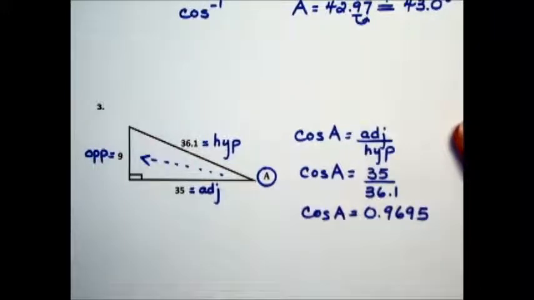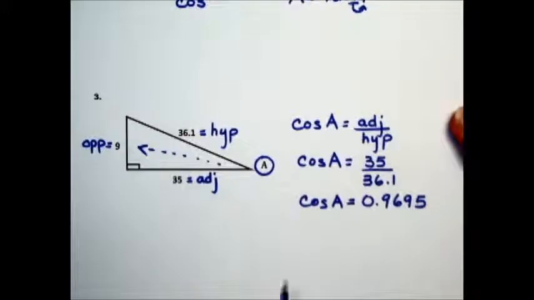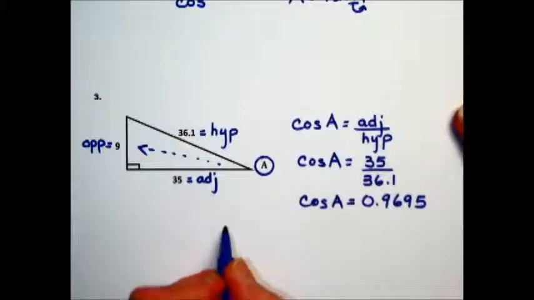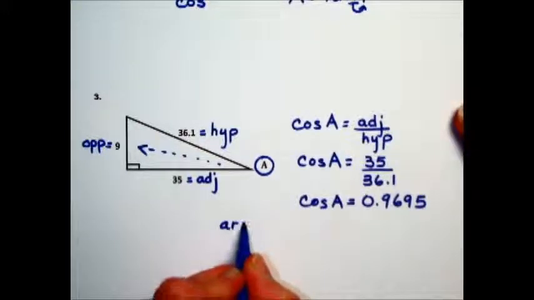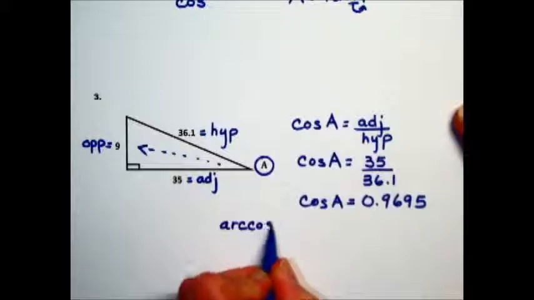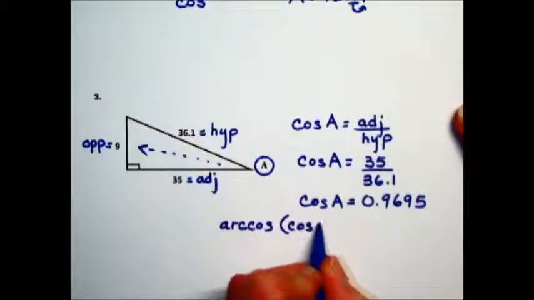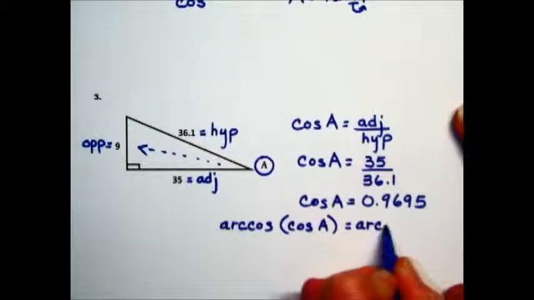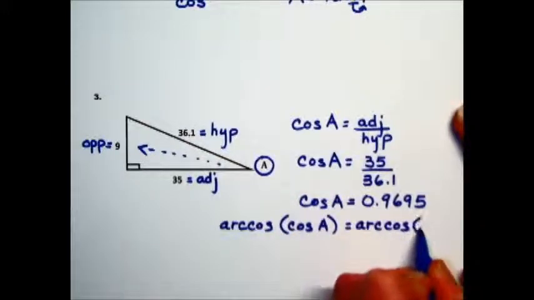0.9695. Now we're ready to get the angle by itself, and to cancel out or eliminate the cosine, we will take the inverse function, arc cosine of the cosine. And what we do to one side, we need to do to the other side to maintain equality.